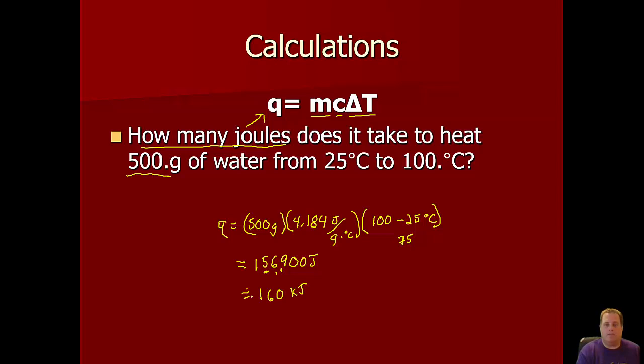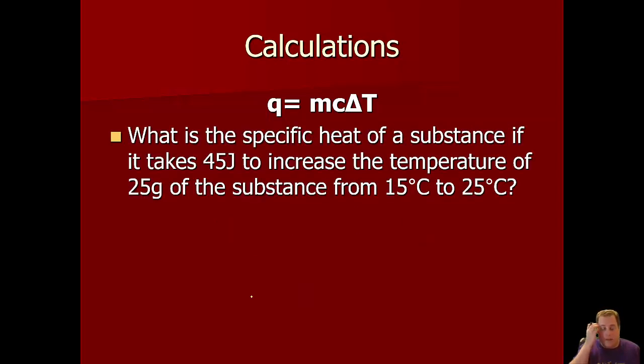The next problem is the same application, just solving for a different variable. This time we've got joules here, so once again the joules is going to be Q, but we have the value, so we won't be solving for that.